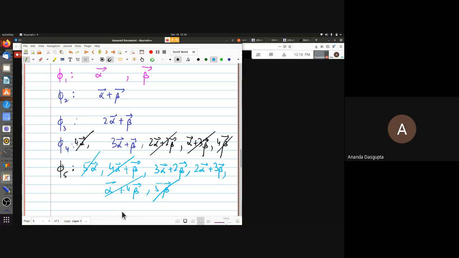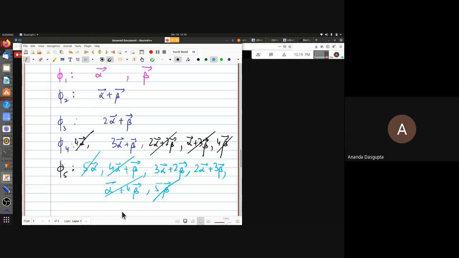Okay. Now you can immediately rule out one of them again. You were giving an argument, so try the argument again. One of them can be ruled out almost immediately. How can you get 2 alpha plus 3 beta by shifting by a simple root? You can get it by shifting by alpha from alpha plus 3 beta, which can't happen because alpha plus 3 beta is not a root.